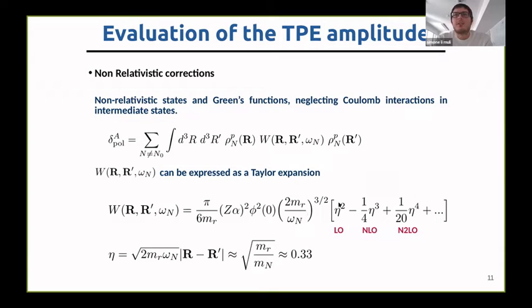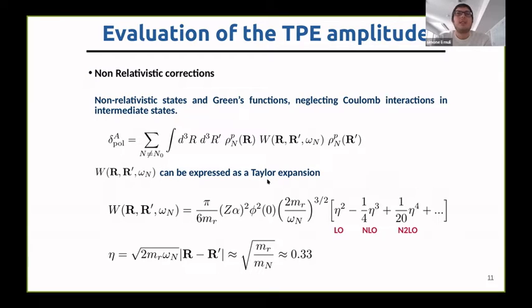This Taylor expansion is done in terms of this eta. This eta is an operator on the Hilbert space of the nucleus. So as soon as we take the expectation value, it is a set of numbers for what concerns the leptonic matrix element, which has been argued in previous literature to hold a rough value of 0.3.